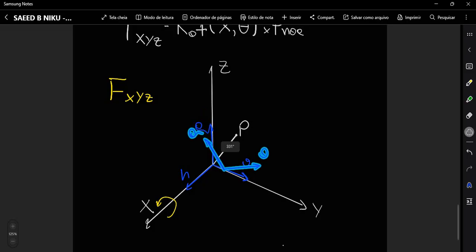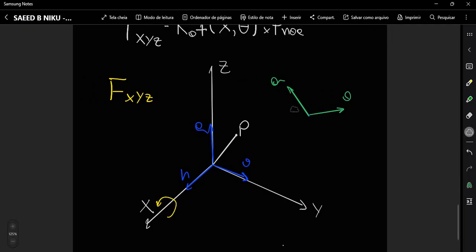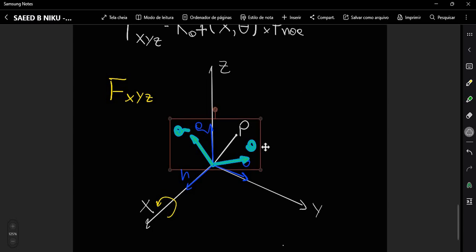And now moving the reference system F and OA. Can you see? I'm gonna paint this. Let's paint green. Okay, so now after the rotation, the final position of the unit vectors of this referential system is going to look like this.